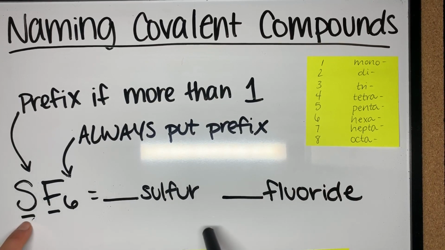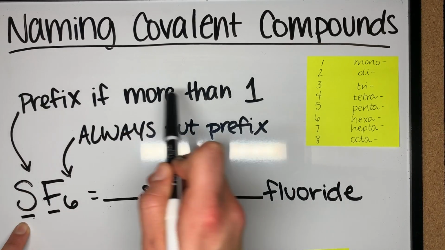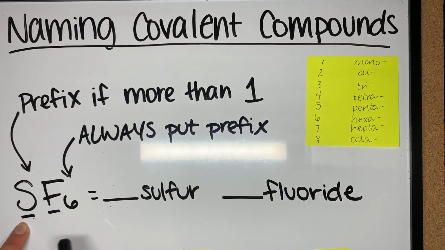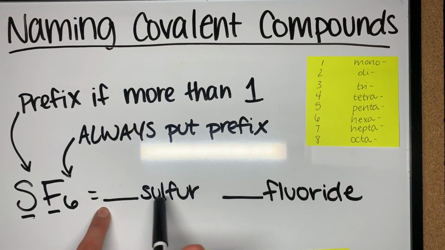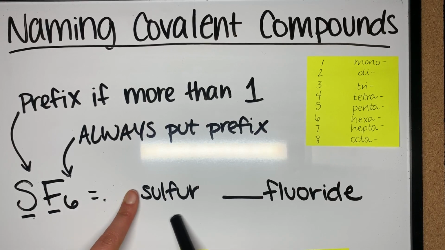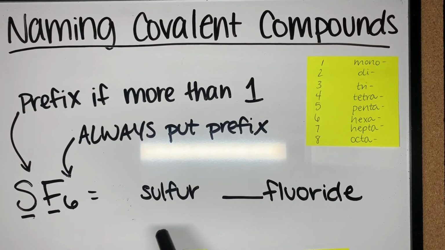Now, we have to be careful because there is one instance where you don't put a prefix before a word, and we have that here. For the first nonmetal, you put a prefix if there is more than 1. You never put the prefix for 1 in front of the first name. So you never are going to put monosulfur. It's just sulfur.